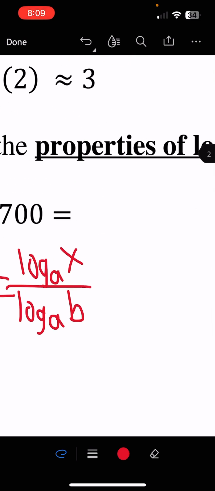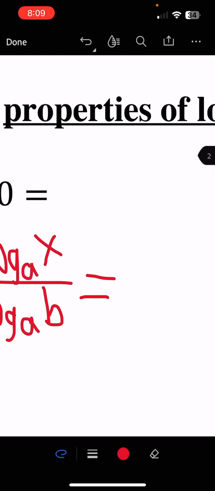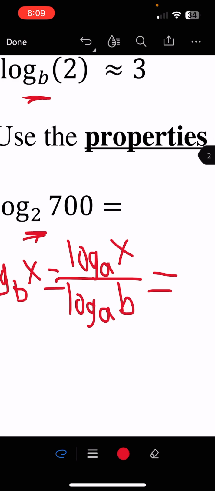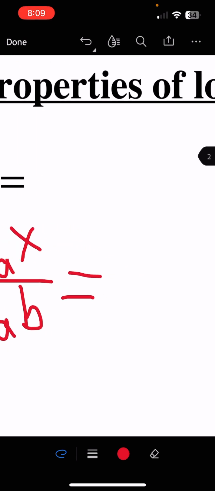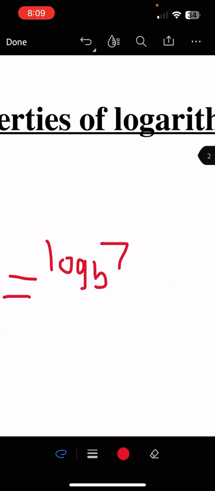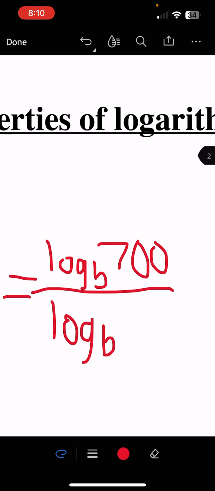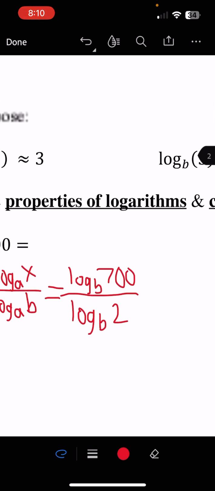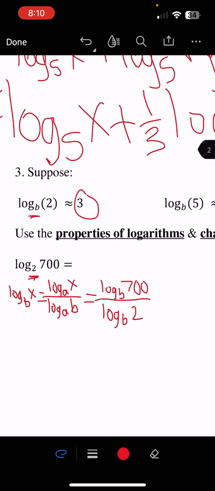Alright, so now we just plug in our numbers, right? So a in this situation is going to be b. So log base b of 700 over log base b of 2. And we have our value for 2, so that's good.